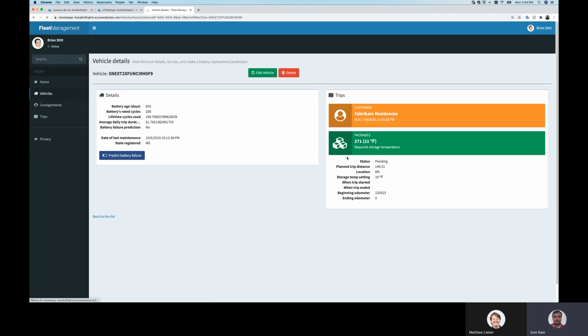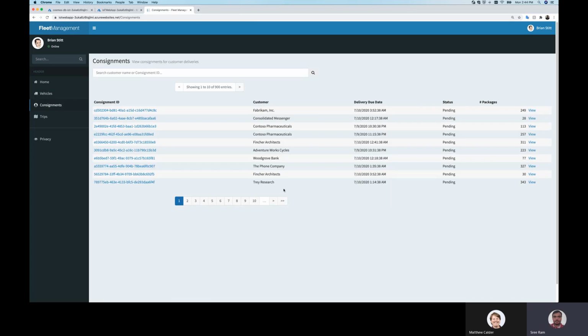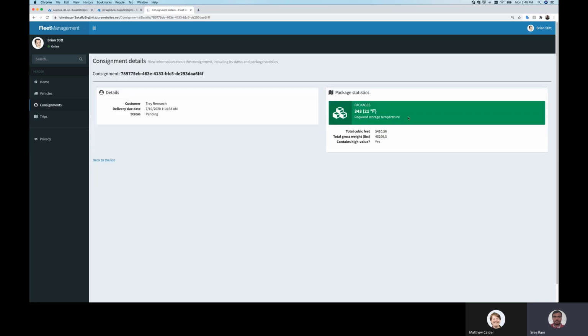Then you can always edit the vehicle from here and make any adjustments or changes to that. You can also see the different consignments. For example, let's see this consignment. This is still in pending status, and you can see the packages and the statistics of those packages.